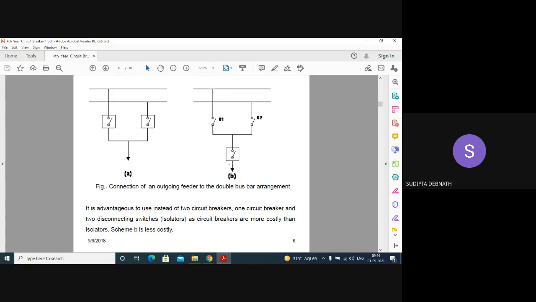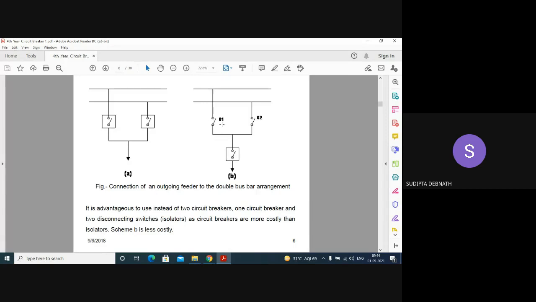If any maintenance work needs to be done, it is clearly visible that the isolators are open, that means it is under no load condition. While switching on the circuit or restoring power, what should be done? First the isolators should be closed, isn't it? From common sense you can understand.